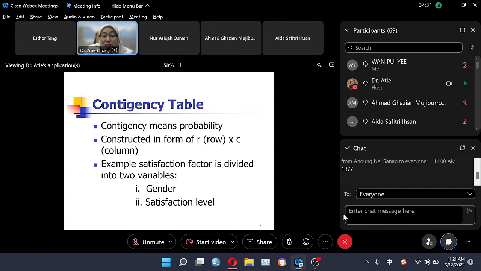It is constructed in the form of R rows and C columns. I'll show you. Actually, you have seen it a lot, but the glamorous name for that table is contingency table. For example, satisfaction is divided into two variables: gender and satisfaction level.